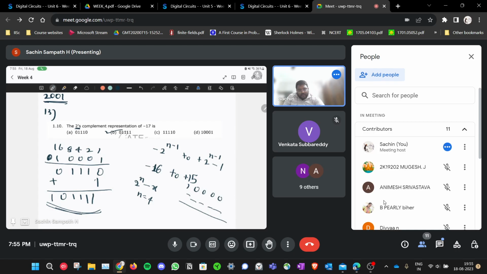Was one of you having an issue with what you mean by two's complement representation, right? Where did you see whatever you said?